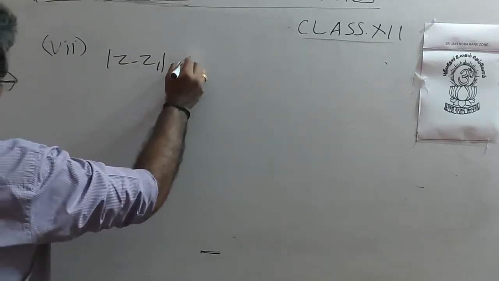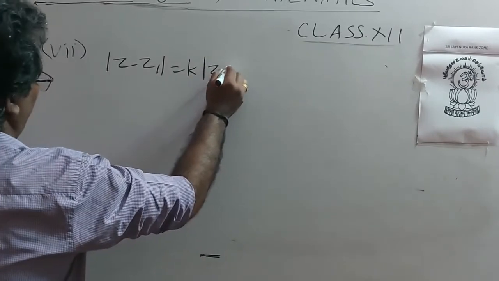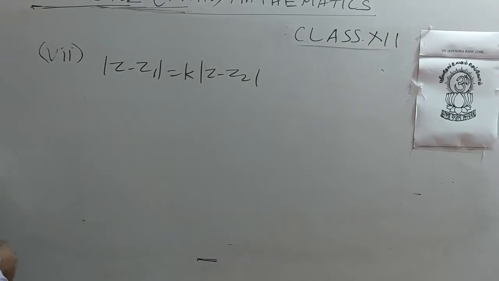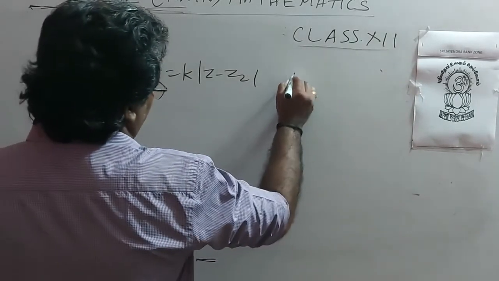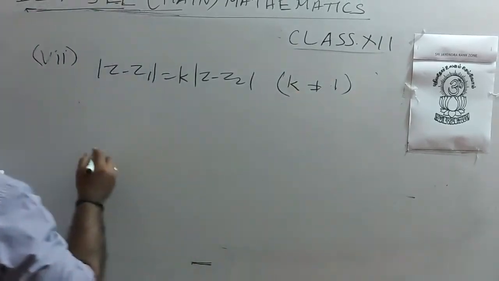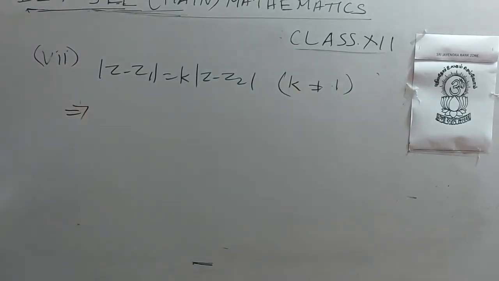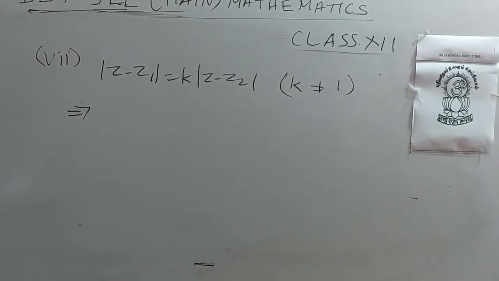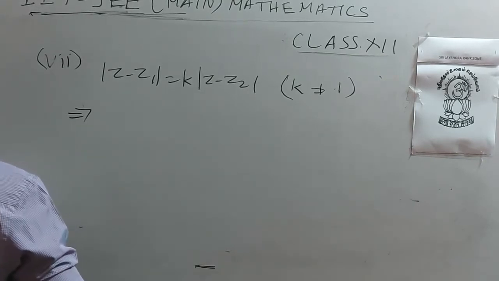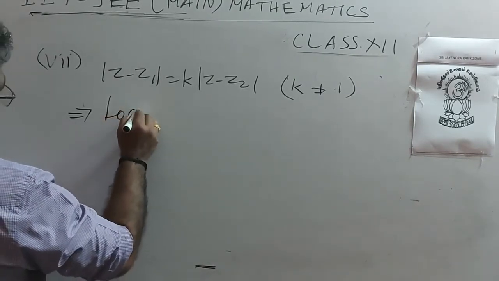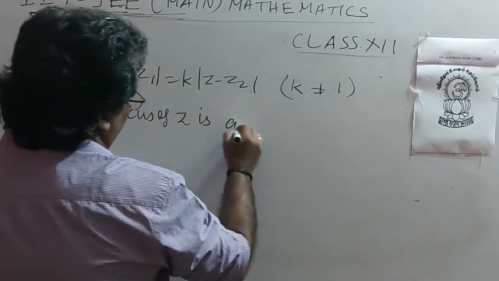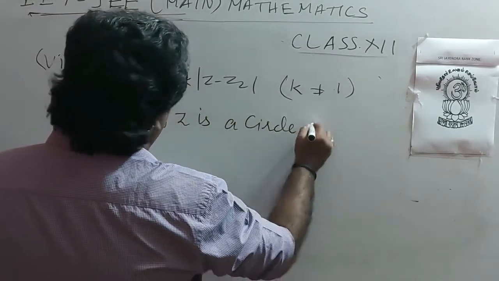Modulus of z minus z1 equal to k into modulus of z minus z2, k not equal to 1. Locus of z is a circle.